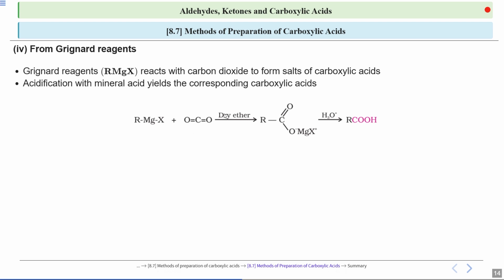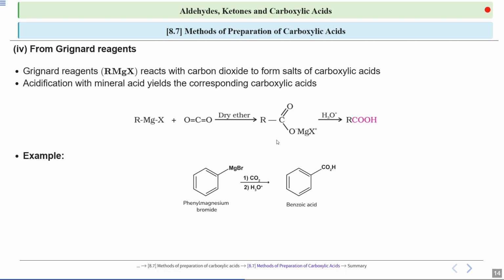So when you use Grignard reagent and CO2 in the presence of dry ether, you will get a salt of carboxylic acid, that is RCOO minus MgX. That is, this MgX group gets attached to this oxygen and this R group gets attached to this carbon. And further acidification gives you the corresponding carboxylic acid.